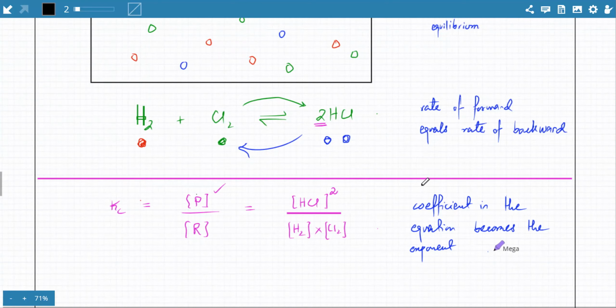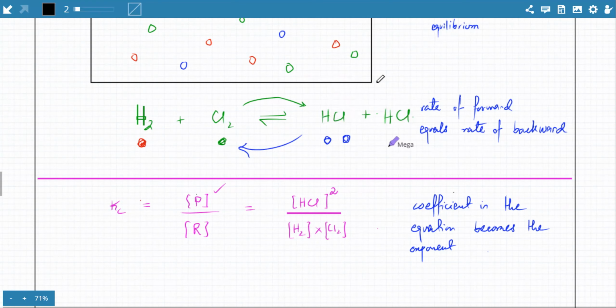No, you can't write 2HCl. The reason you write HCl squared is, if I rewrite the equation, I can write two HCl molecules separately. So it's one HCl molecule and another HCl molecule. That's what your actual equation is like. So you have two HCl molecules.